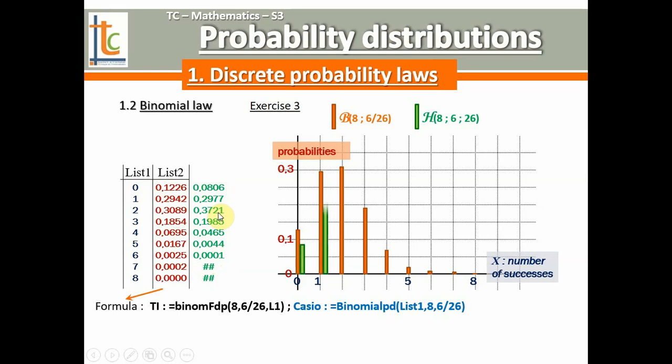So graphically, it would look like that. A binomial distribution leads to extreme events being a little bit more likely than in a hypergeometric distribution, and the central events a bit less likely.